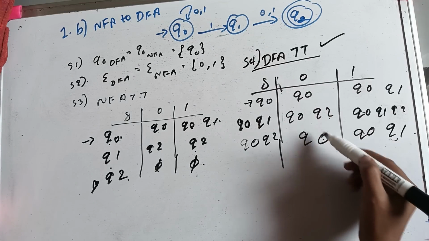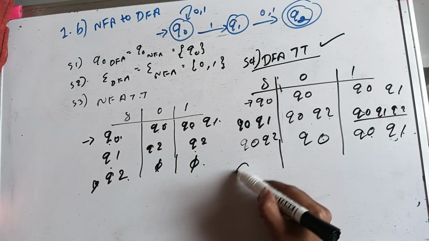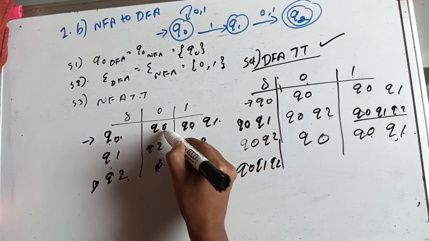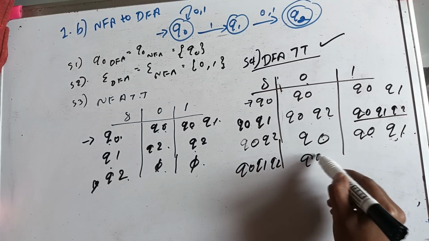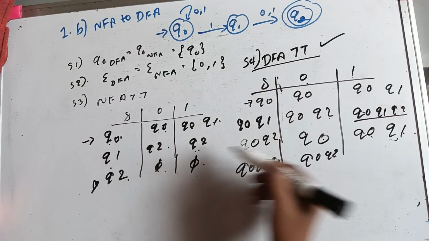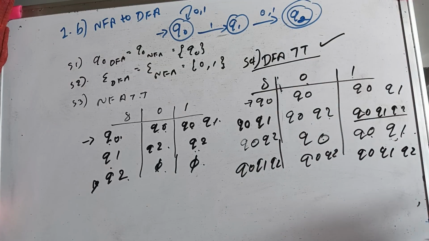Check for new states: Q0 is already done, Q0, Q1 is already done, and this is not done. Q0, Q1, Q2: upon 0 this goes to Q0, Q2 and null, that is Q0, Q2, and upon 1 Q0, Q1, Q2, okay.